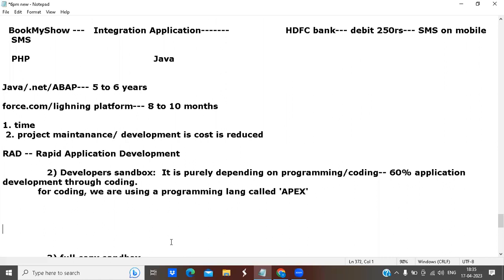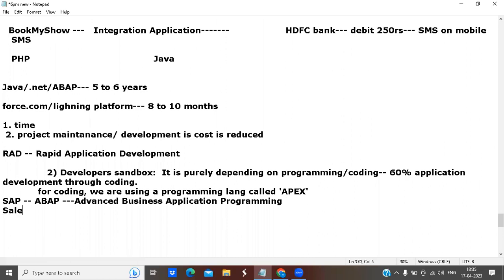The SAP company's proprietary language is ABAP. What does ABAP stand for? Advanced Business Application Programming. Like that, the Salesforce company's programming language is called what here?